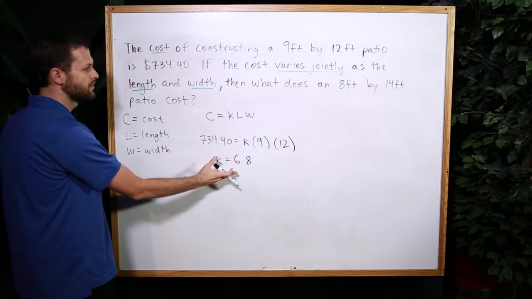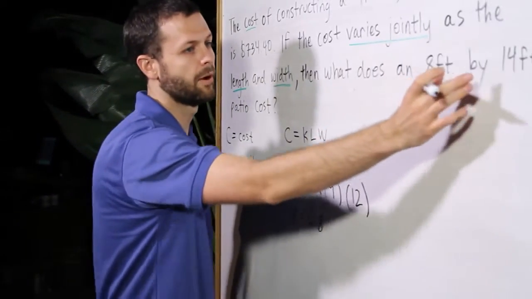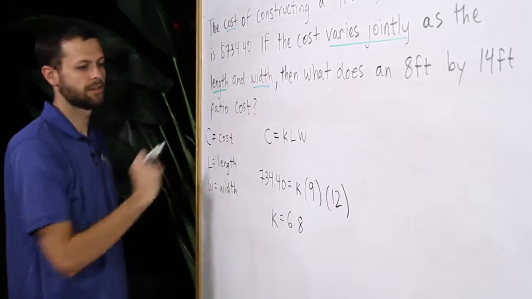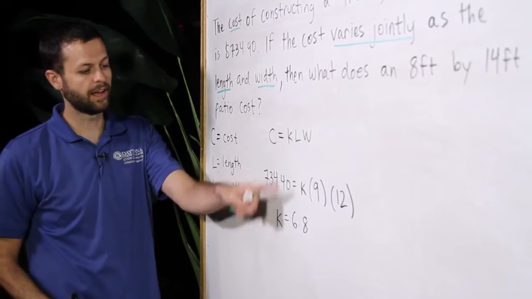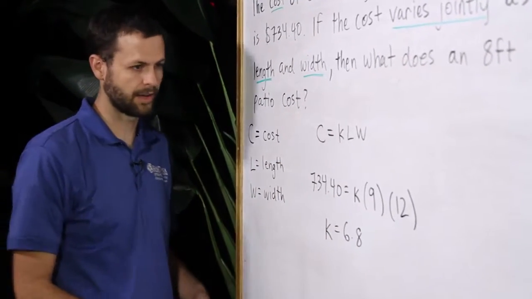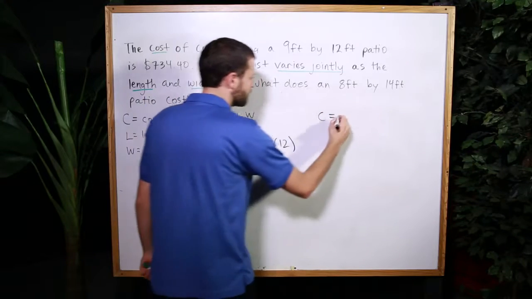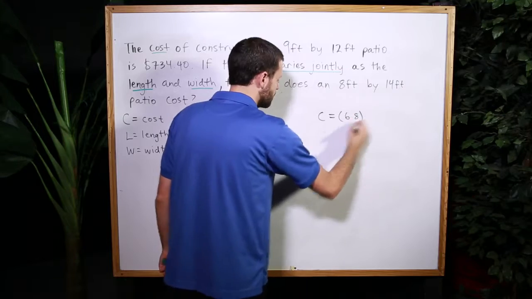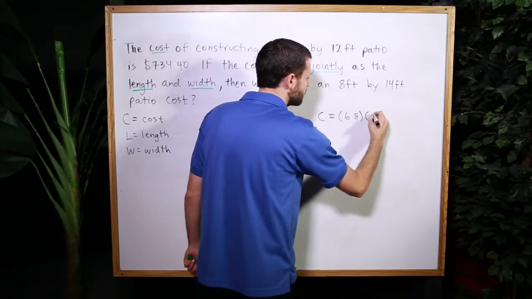I can then use this information to figure out how much a patio that has 8-foot by 14-foot dimensions costs. So I'll plug that into this equation, but now instead of having a K, I'll put 6.8 in for K. So I want to figure out the cost, and I have 6.8 times 8 times 14 in this case.